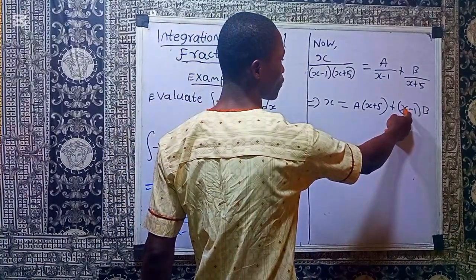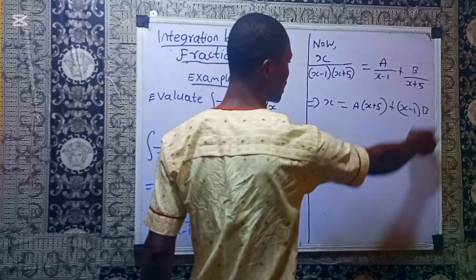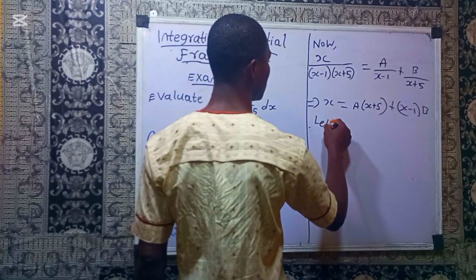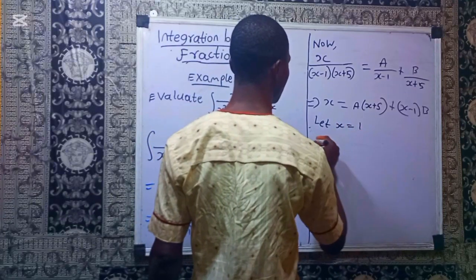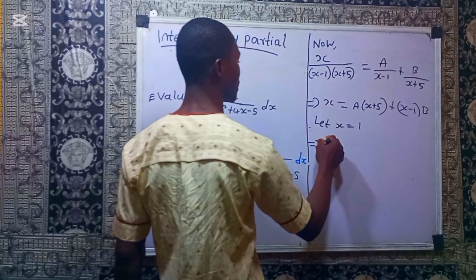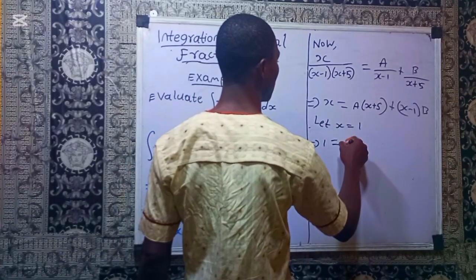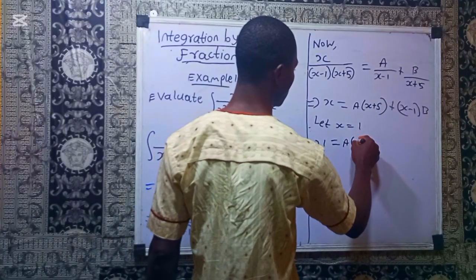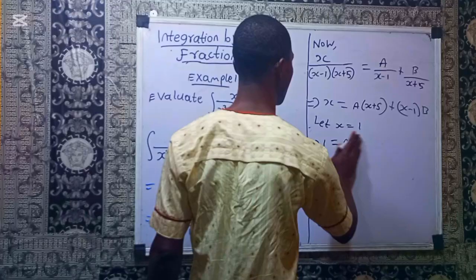If x becomes 1, this b will go to 0. So we can say let x be equal to 1. This implies, so we'll put 1 here. We now have a into 1 plus 5, which is 6. So we'll be having 6a.